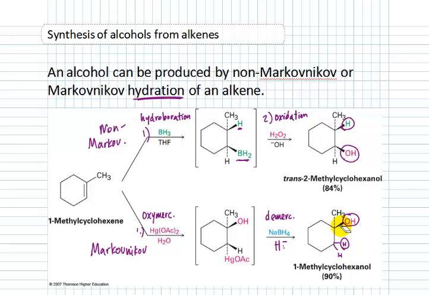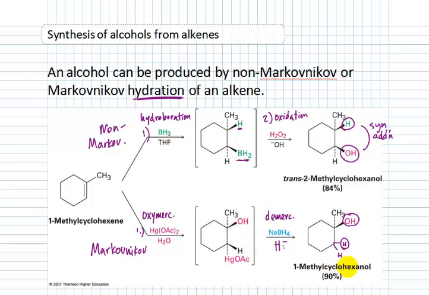Stereochemistry is important because in the hydroboration, the H and the OH are added on the same face. So that's a syn addition. There's a transition state where as we're adding the H and the BH2, they come from the same transition state. They're added at the same time as each other. Whereas in oxymercuration, we start with a mercury ion, a three-membered ring that's opened by hydroxide, essentially, by water, I guess.